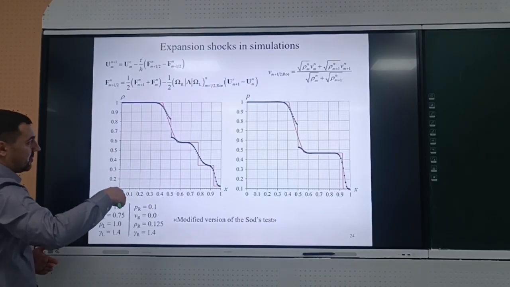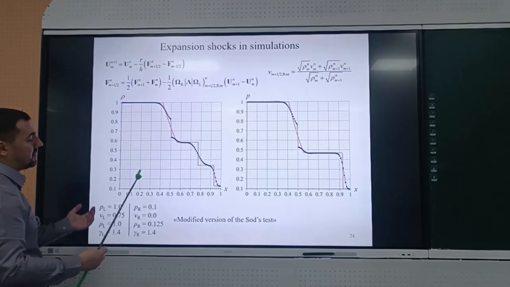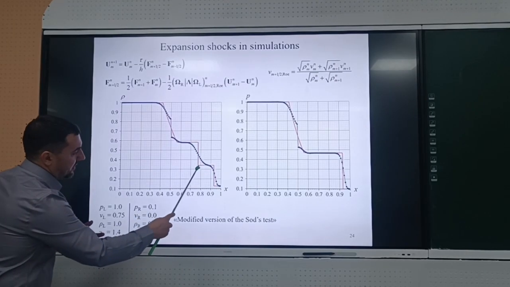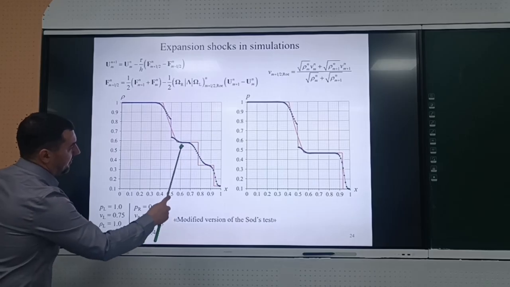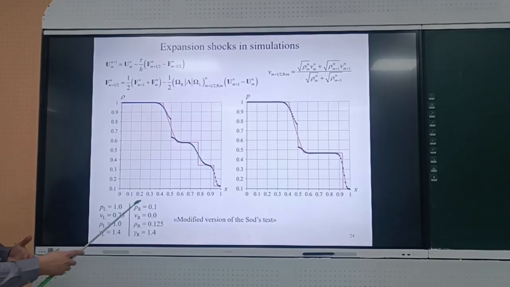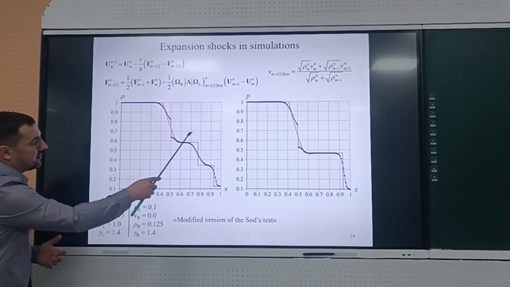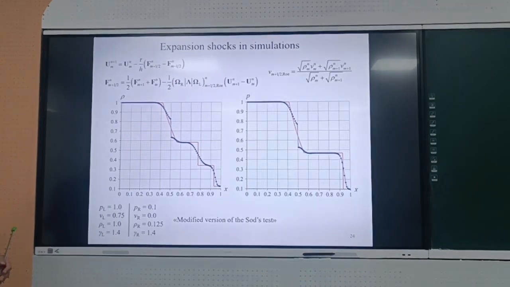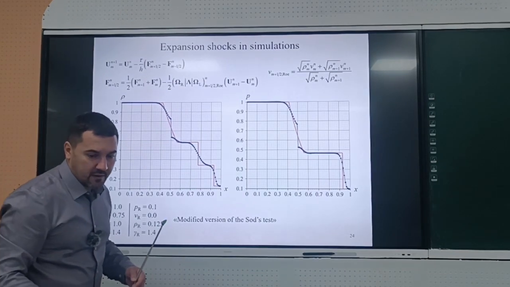So if you know parameters to the left and to the right, how to determine which structure will be realized, and how to find all these parameters, so this density, for example, or this pressure, and so on. But today we discussed only discontinuous solutions, only shock waves and contact discontinuities.